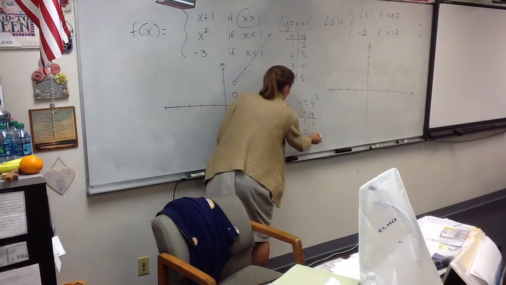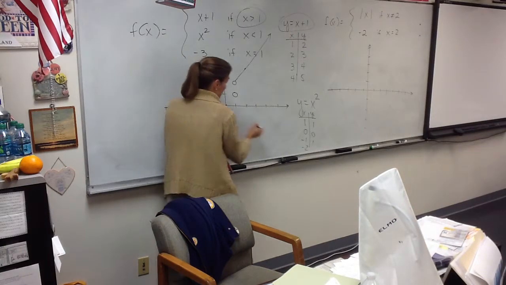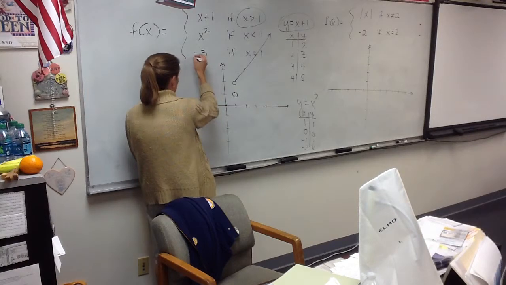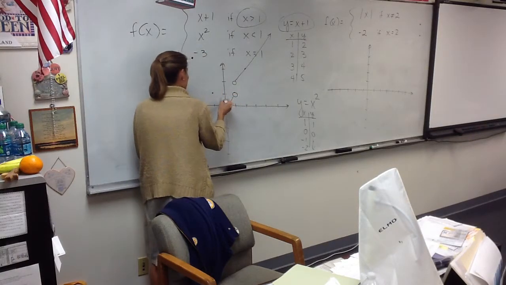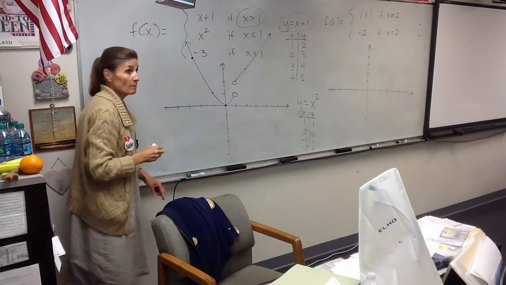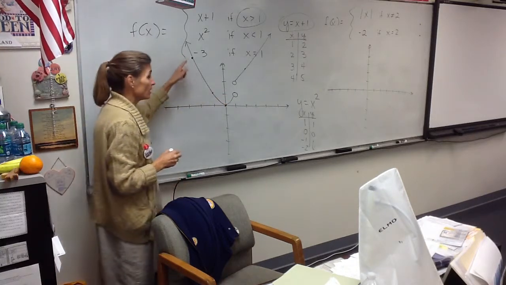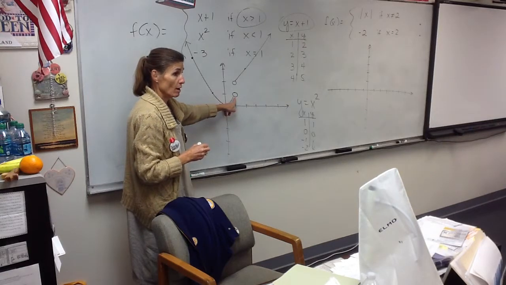If I put in 0, I get 0. Negative 1 gives me 1, and negative 2 gives me 4. Now, what shape is that? It's an x squared, so it's going to be a parabola. But it's only a piece of the parabola because we had to start where x equals 1.